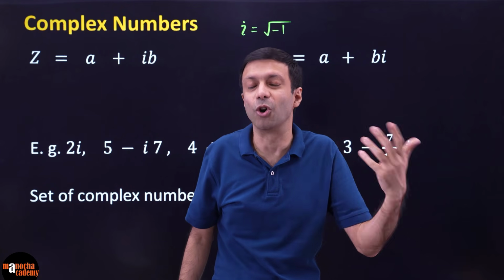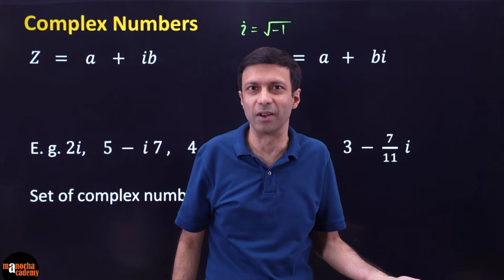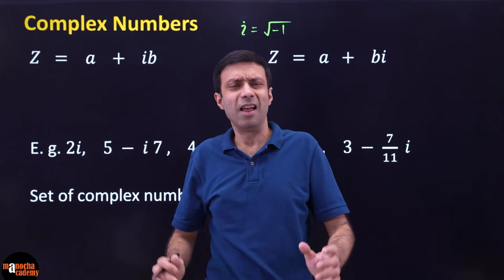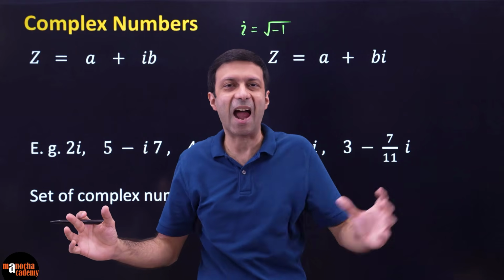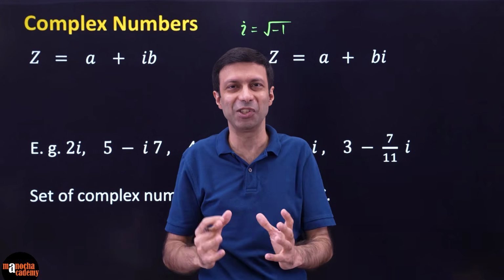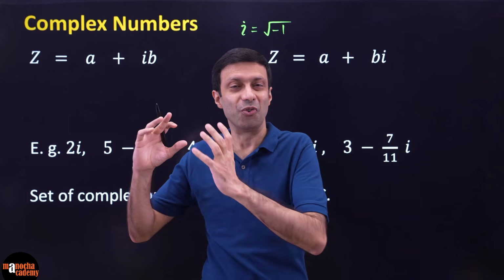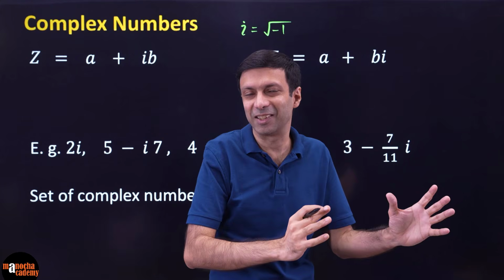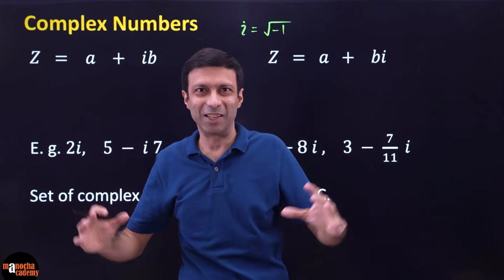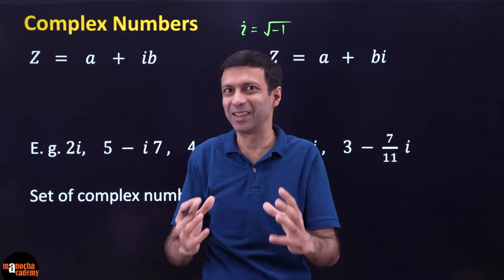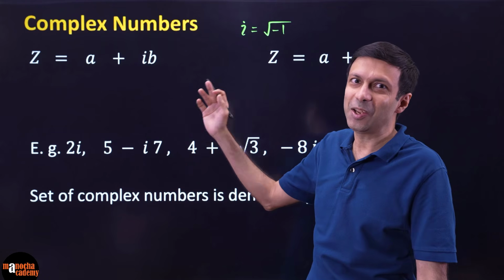Like 2i or 2 iota, 3 iota, and so on. But then the mathematicians said, let's combine the real world, that is the real numbers, and the imaginary world, the imaginary numbers together. So real numbers plus the imaginary numbers is what is called complex numbers. They said, let's join these two guys, the real numbers and the imaginary numbers.